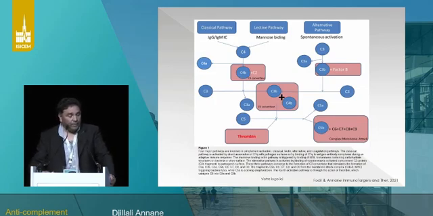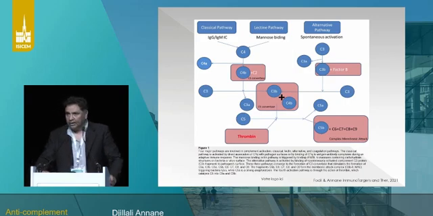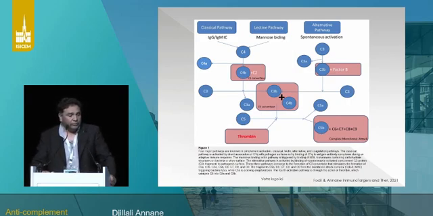So as you know, the complement is activated by four main pathways. The classical pathway basically results from direct interaction between C1q and the surface of pathogens. The lectin pathway involves mannose binding that connects to carbohydrate molecules on the surface of pathogens.